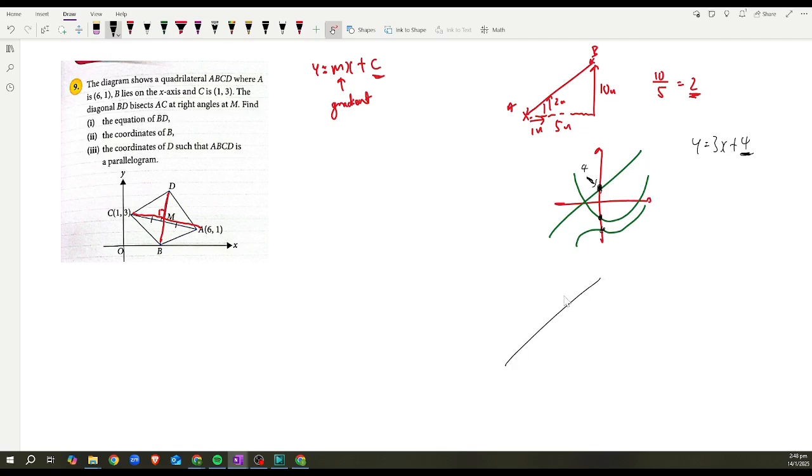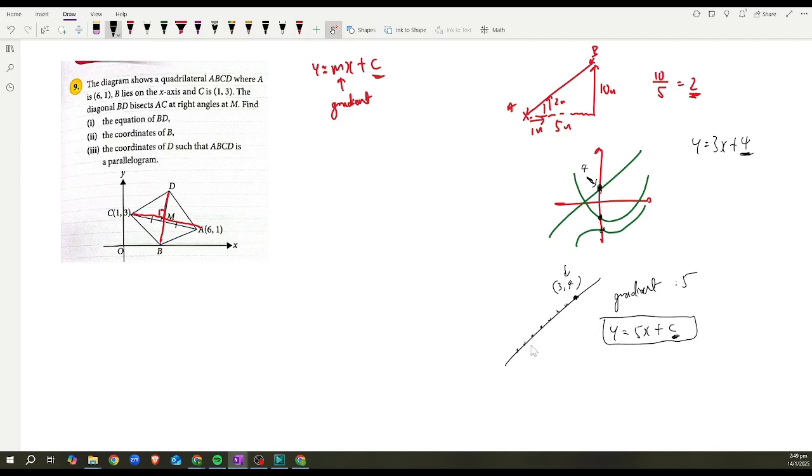So if I have this line, I know that the gradient is 5, and the coordinates of this point are maybe 3 comma 4, for example. I can begin to write out the equation already. y equals, the gradient is 5, 5x plus c. To find c, as long as I have a single point that lies on the line, I'll be able to solve for c. Because remember, the equation of the line tells you every single point that lies on this line.